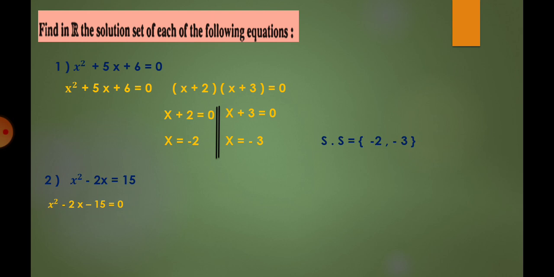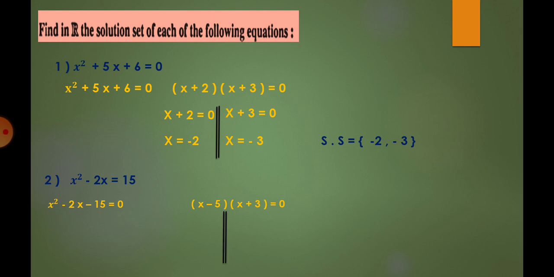And factorize the expression. We want two numbers whose product equals 15 and the difference between them equals 2. 5 times 3. So we factorize: x minus 5 and x plus 3 equals 0.